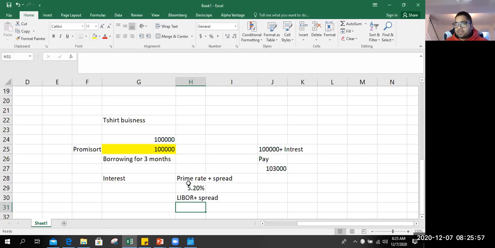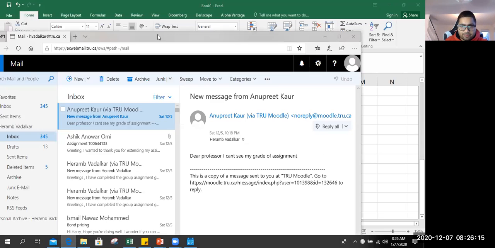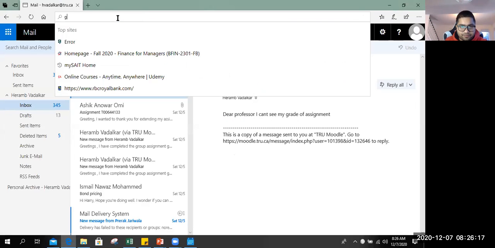In Canada, we generally use prime rate plus spread or a certain benchmark plus spread. Mostly it is prime rate plus spread. So the interest that they will charge you depends on the prime rate that is going on in the market plus a certain spread. And you can search this prime rate out and it keeps on changing.